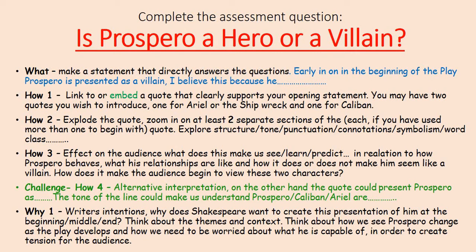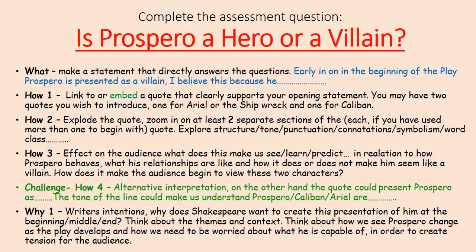The tone of the line could make us understand that Prospero or Caliban or Ariel, sorry, are afraid, or are worried, or are simply hurt, whatever it may be. So you take what you've said in your analysis already and you think, is there another way that this could be viewed? What else might this suggest that I haven't already said? And that really helps you to get higher on that mark scheme.